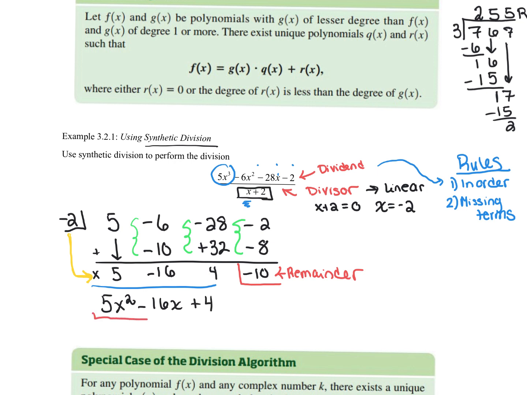This piece right here is called my quotient. Then I write plus my negative 10, the remainder, over my divisor, which was x plus 2. So this whole boxed thing is the answer when you are asked to divide.